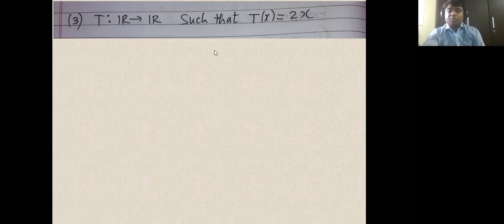Okay, so the kernel of this mapping, everybody, is the singleton 0, 0 of the domain R.